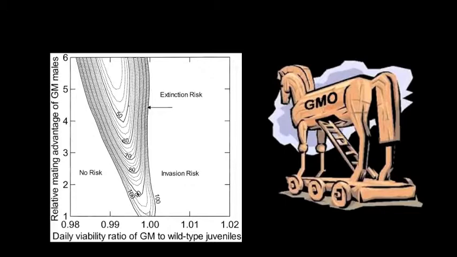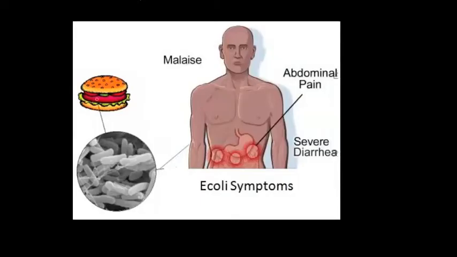So you get this weird situation where it's the survival of the least fit: these genetically modified salmon reproduce, but they don't survive very long. So the native species of salmon quickly goes extinct, as you can see in the graph. And once again, that's called the Trojan gene.